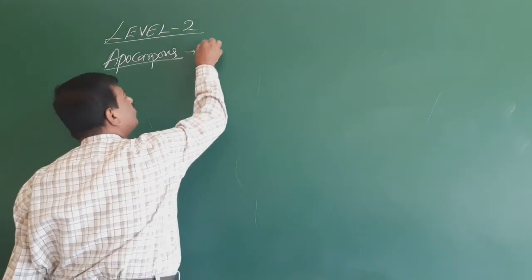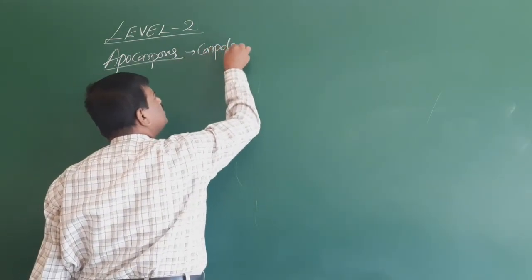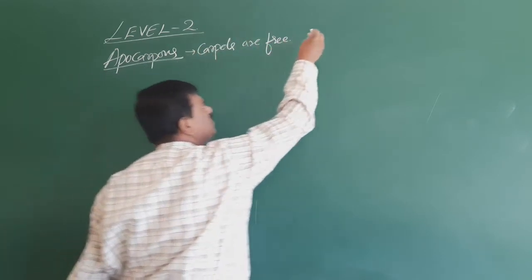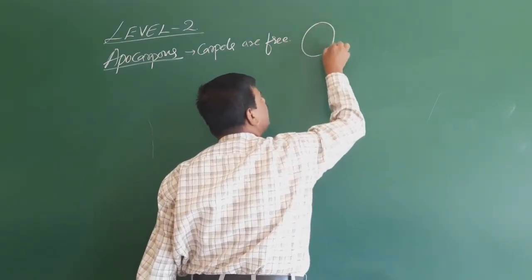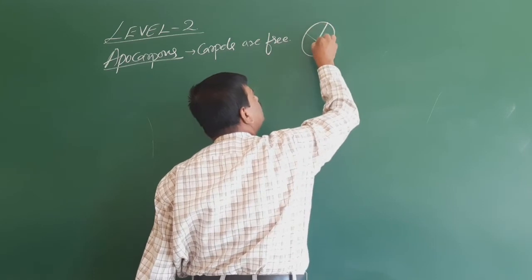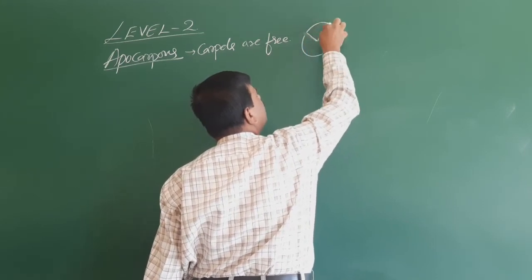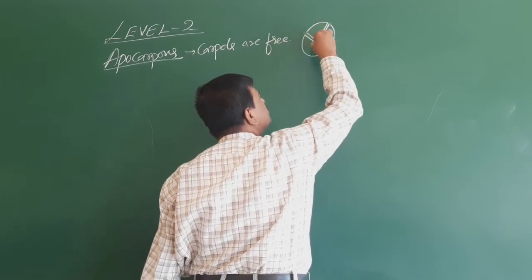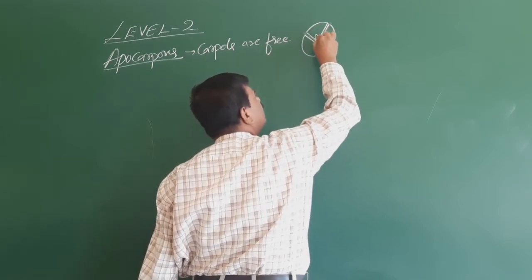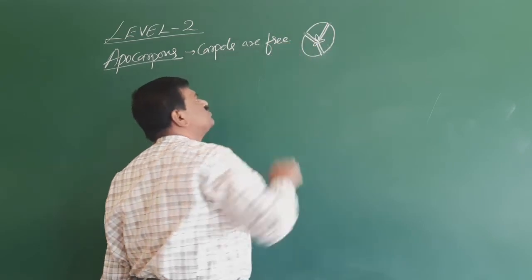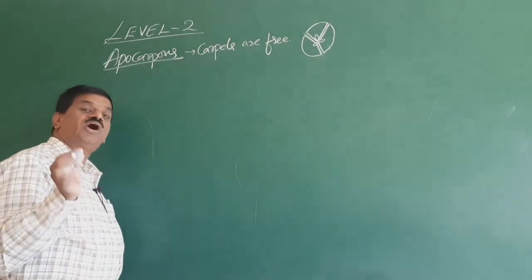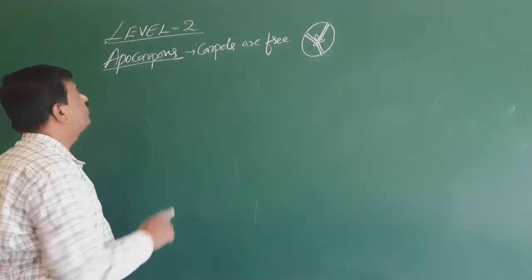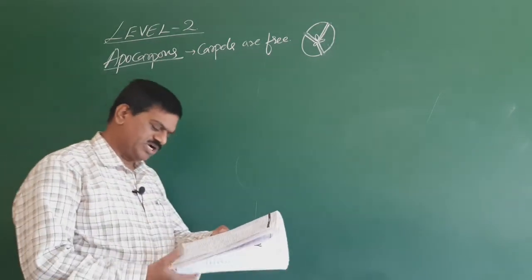When carpels are free, we use the word apocarpous condition. In a trimerous flower, you can see the presence of carpels like this. This is called a carpel. When carpels are free, we use the word apocarpous. When carpels are fused, we use the word syncarpous. But here the flowers are in apocarpous condition.